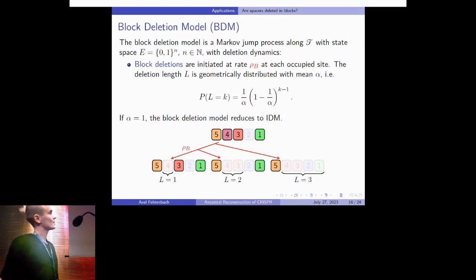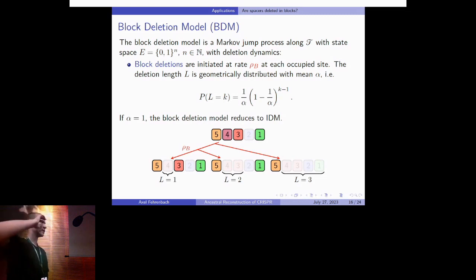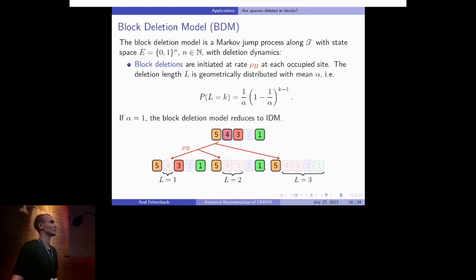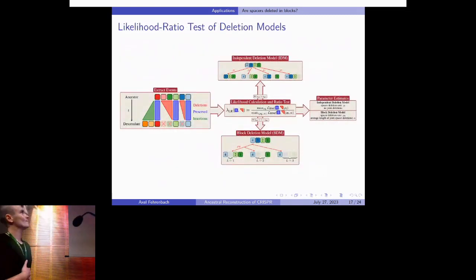The nice fact of this is that the likelihood is monotonically decreasing with length. So a length of 1 is still the most likely event, length 2 is less likely, length 3 is less likely, and so on. And if alpha is equal to 1, we're just back in the independent deletion model. So what can we do?